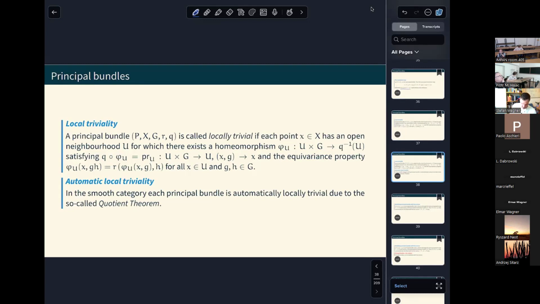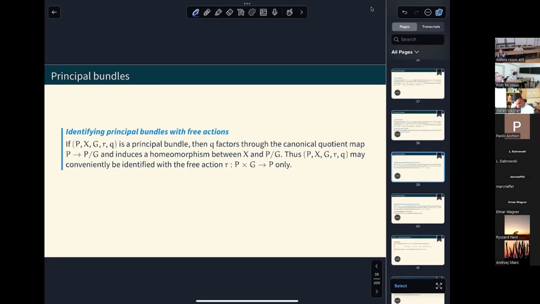I'm moving towards a non-commutative setting. Here I want to identify principal bundles with free actions. Sorry, I'm getting confused. Identifying principal bundles with free actions seems to indicate that there are principal bundles without free actions. Let me try to explain.